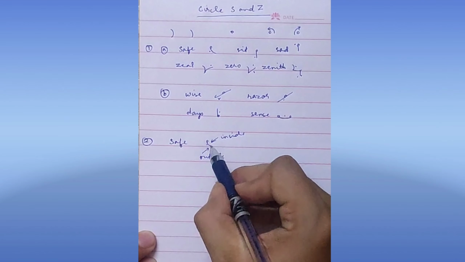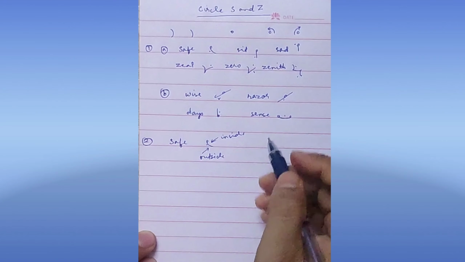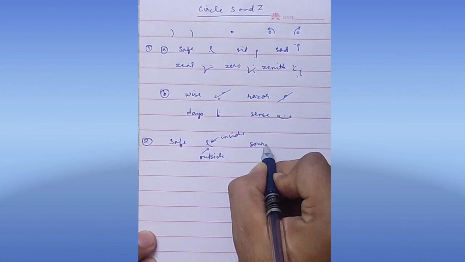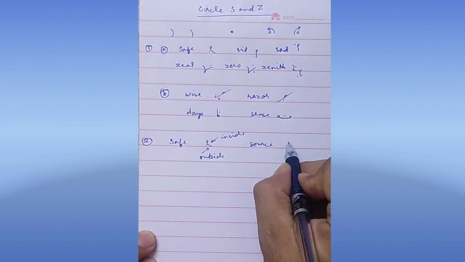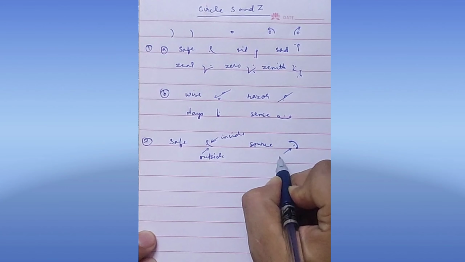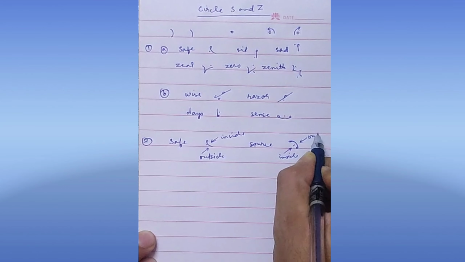The rule says that circle S is always written inside the curve. Source, S-O-R-S, source. Inside, outside.